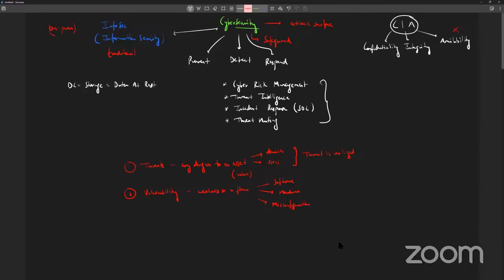If I configure a weak password for, let's say, my banking website, that is a vulnerability. And since I have caused a vulnerability, there is a threat against it, because if it's a weak password, let's say something like ABC123, it won't take a long time for someone to guess that password.